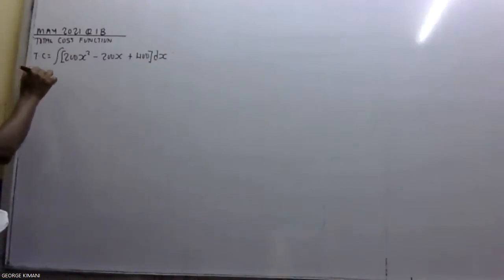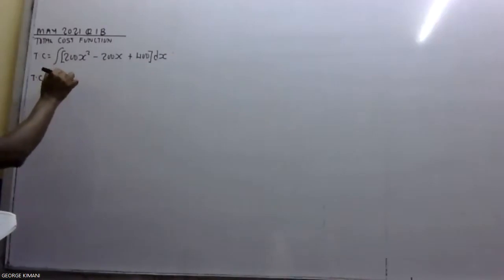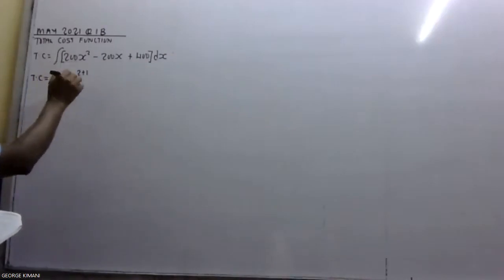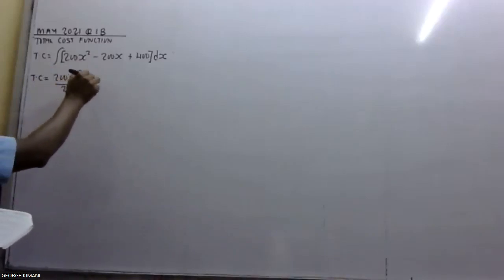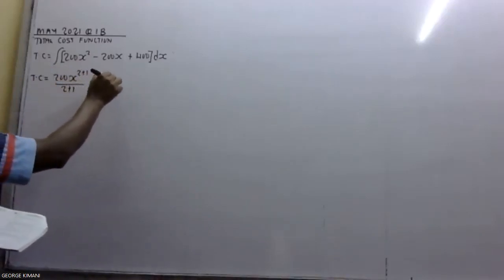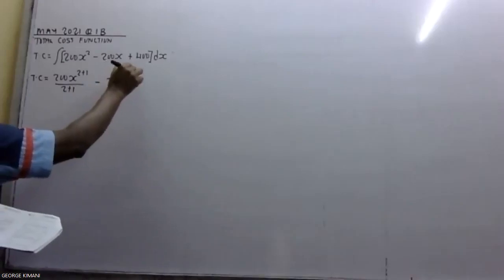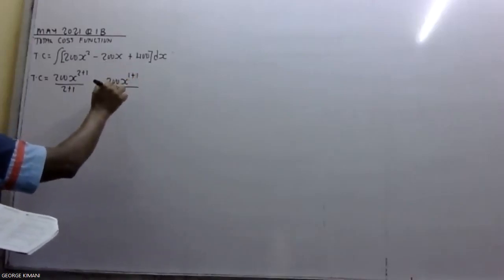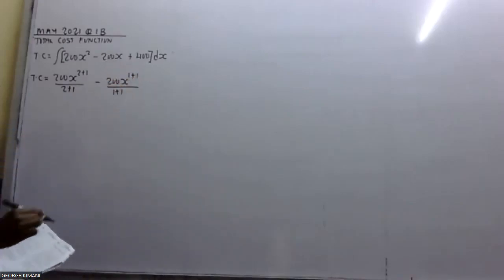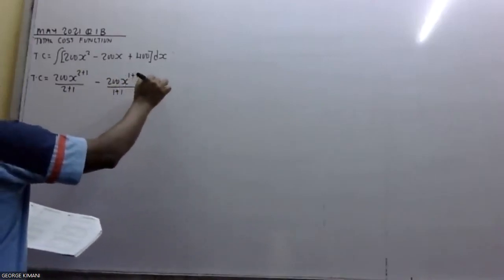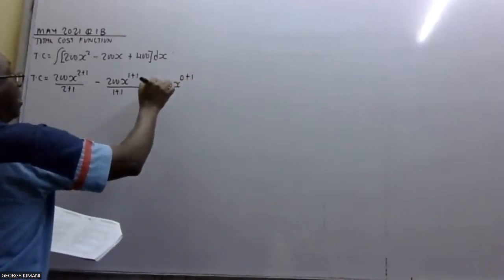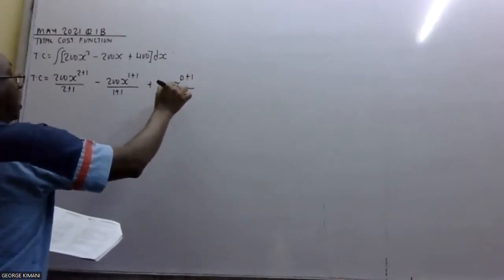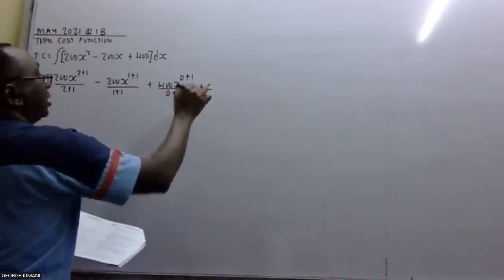So the total cost here will be 200x raised to power 2 plus 1, we divide by 2 plus 1. Then you minus 200x raised to power 1, you add back 1, you divide by the new power, plus 400x raised to power 0, you add back 1, you divide by 0 plus 1.